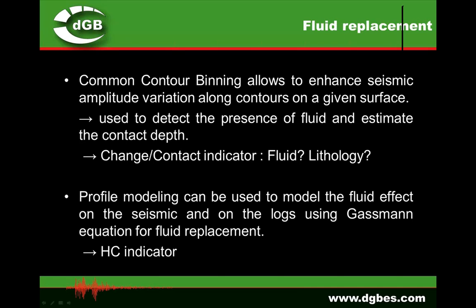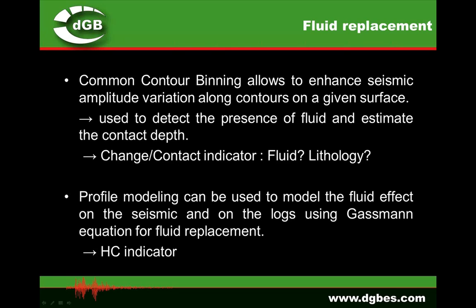Another very important part of this modeling is the fluid replacement. In OpenDetect, we are able to do a common contour binning that will allow you to see amplitude variation along contours.